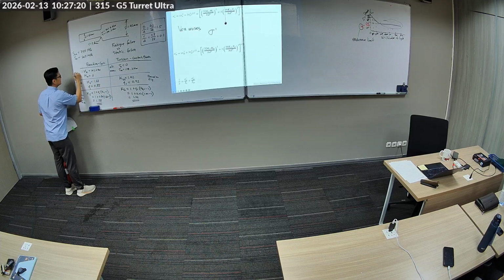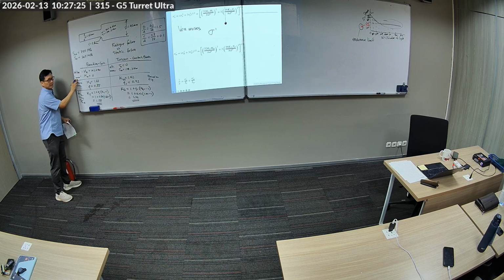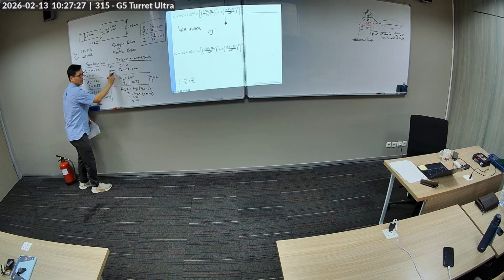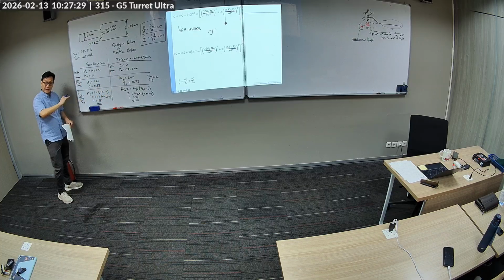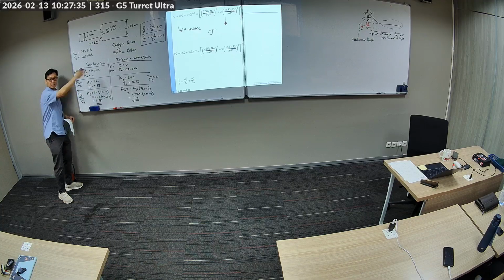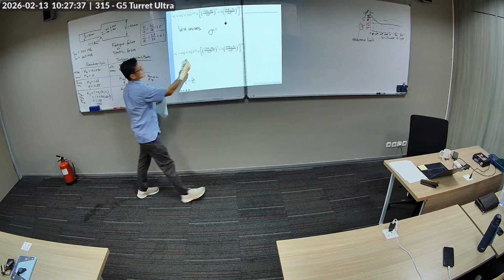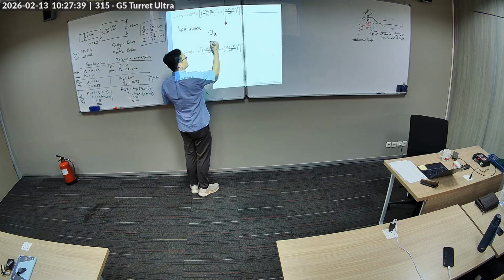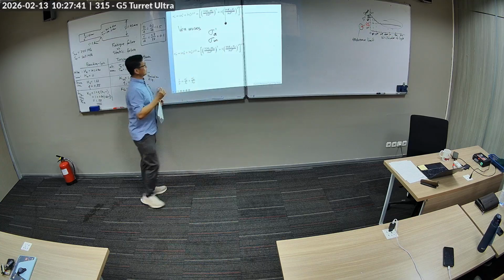Mean means average. So this is alternating. This is mean. This is alternating. This is mean. Mean means the static. Okay? Average, static, steady. Alternating, fluctuating. So von Mises also has the alternating and the mean.